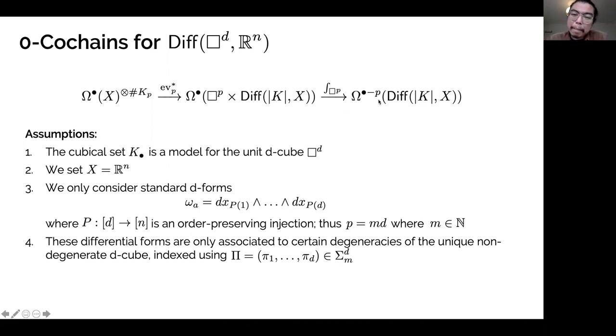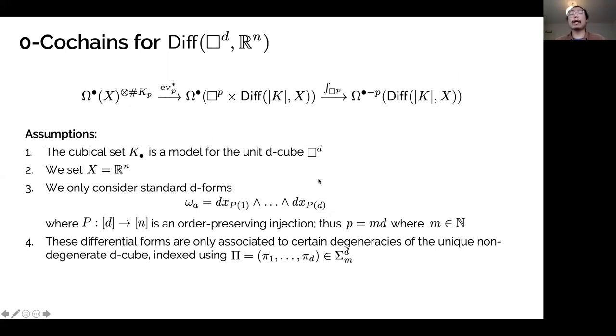Because we're trying to get zero cochains, we need the total degree of this original set of differential forms to be exactly P, so that once we perform this construction, we get E minus P equals 0. So we only consider the case where P is equal to MD. And therefore, M corresponds to the number of D forms that we'll be using in this construction.